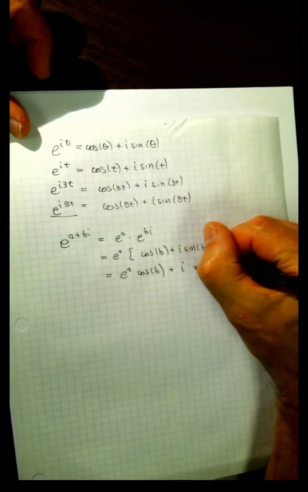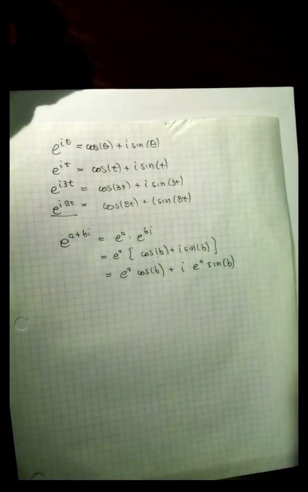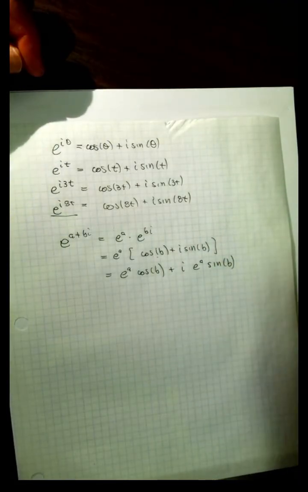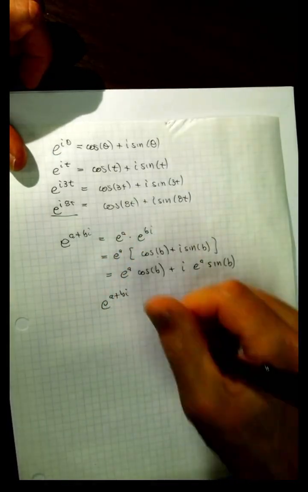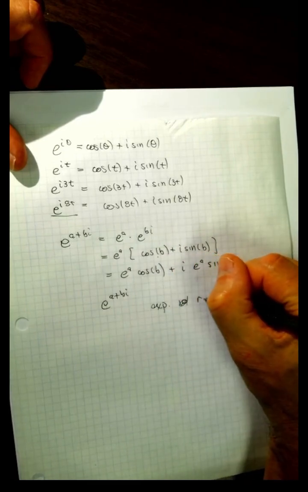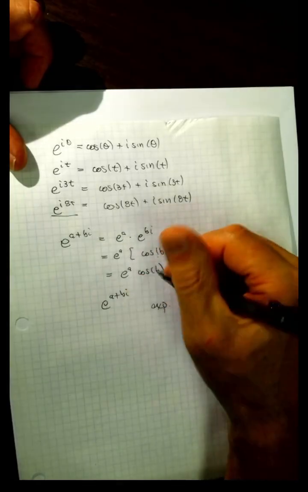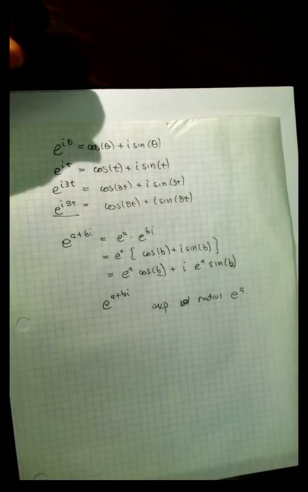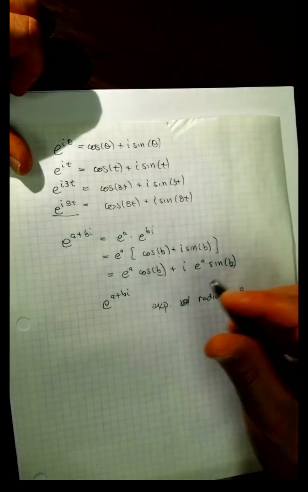The imaginary part is e to the a times sine of b. Okay, so that means if I have e to the a plus bi, the radius looks like e to the a, and then I'm going to have some kind of exponential thing there, or trig function going on there.